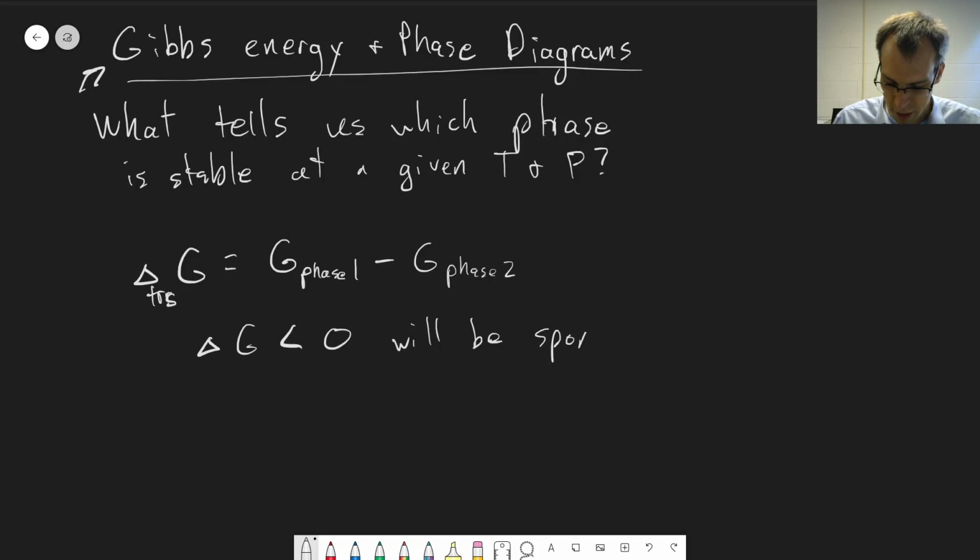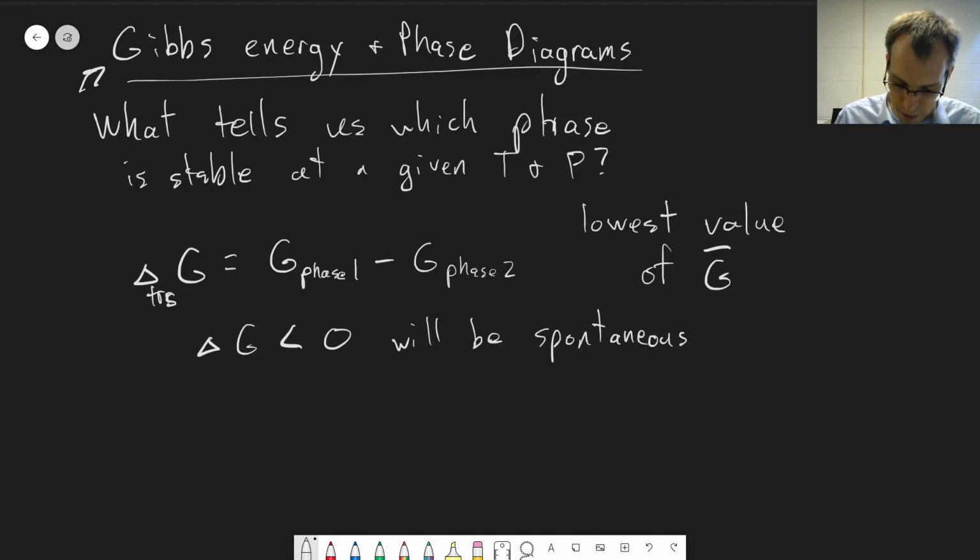And that's just based on what we've looked at already. That's the property of delta G that makes it so useful. And so whatever G is smaller, the system is going to spontaneously go in that direction. So for a given temperature and pressure, it's the Gibbs energy that's going to determine which direction things want to go. So we want to go to the lowest value of G.